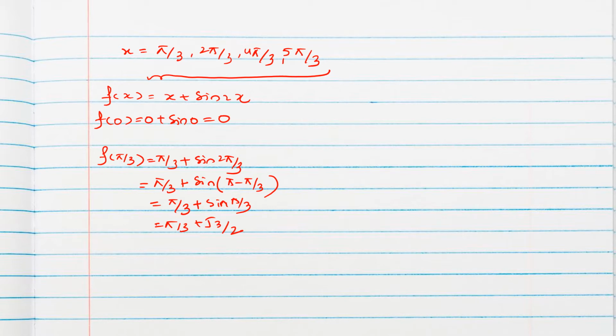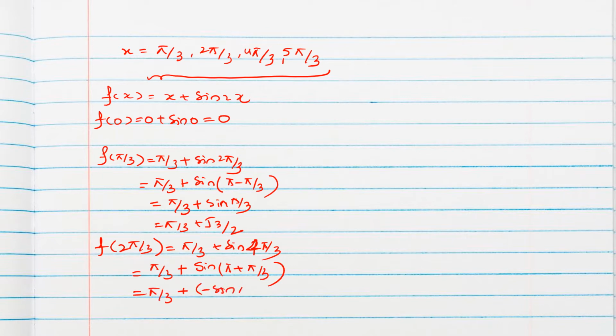Okay, now we will find f(2π by 3) value, that is 2π by 3 plus sine 2θ. So 2 into 2π by 3 means 4π by 3. So sine 4π by 3 we can write as π plus π by 3. Okay, so π plus π by 3 means third quadrant, so this will give a negative value of sine. So we can write 2π by 3 minus root 3 by 2.